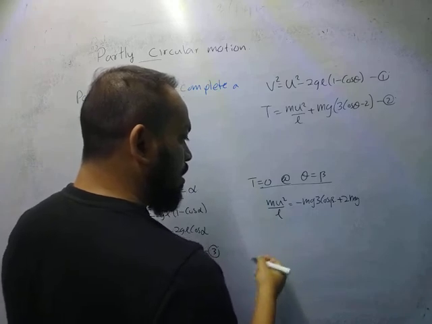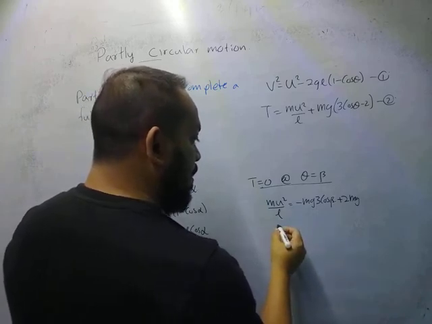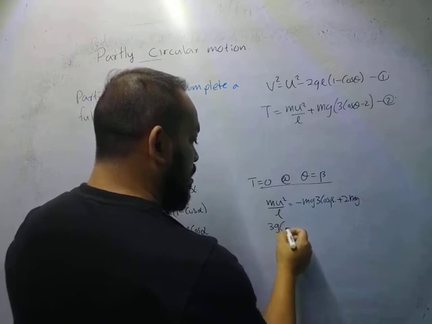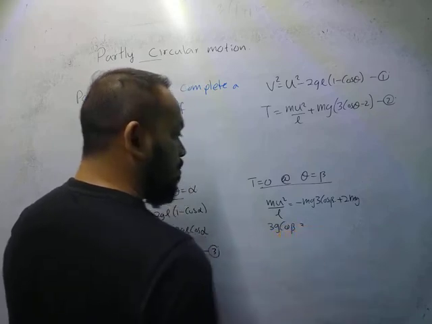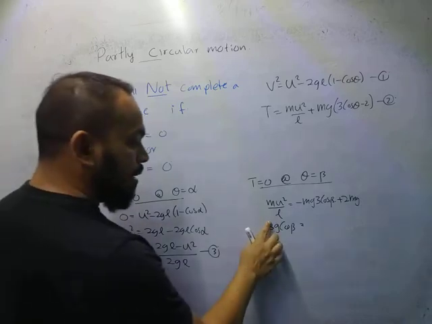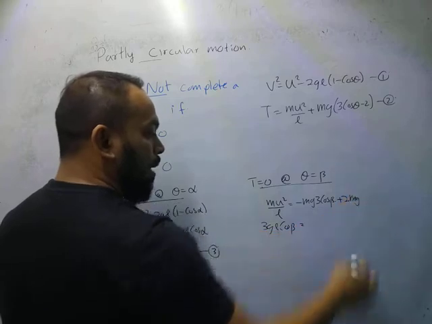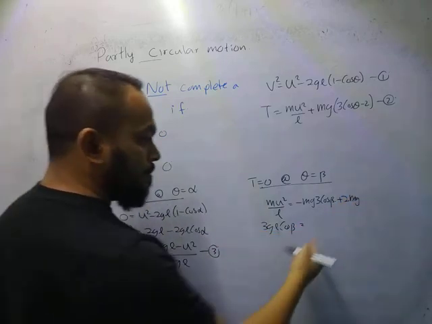So let's substitute beta and see what happens. M cancels out, and 3g cos beta would be equal to 3gl. Why 3gl? I'm going to multiply this whole thing by L as well.